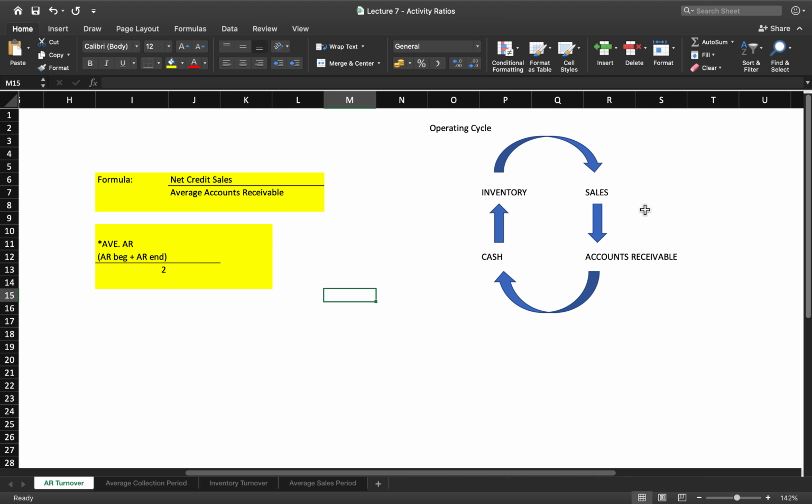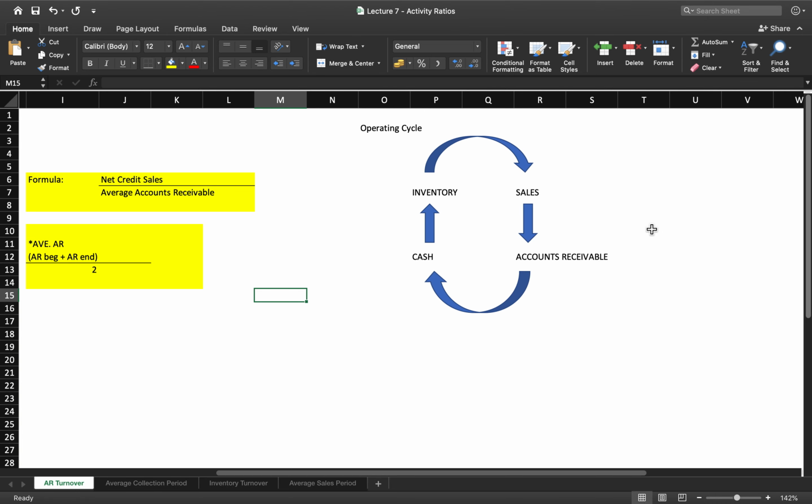Okay? So, once we generate sales, not all sales class is cash sales. Sometimes, on our part, and as an effort to encourage customers to buy our products, we enable them to pay on credit.